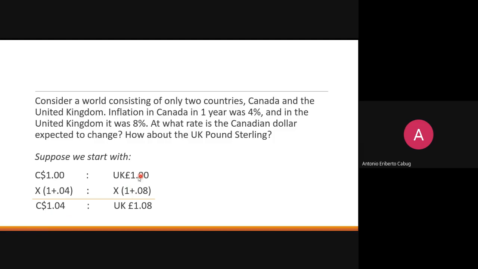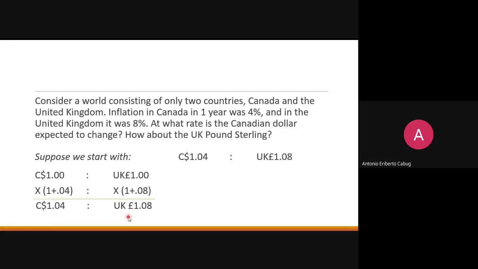In the UK, what can be bought by 1 UK pound can now be bought at a higher price, 1.08. Okay? To demonstrate what happened to the Canadian dollar in terms of the UK pound, divide both sides by 1.04.